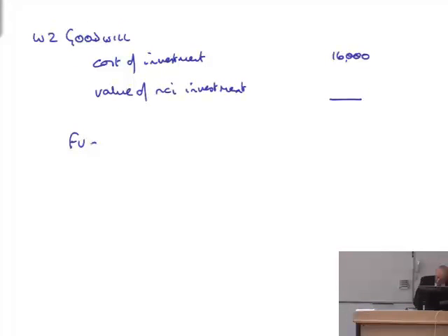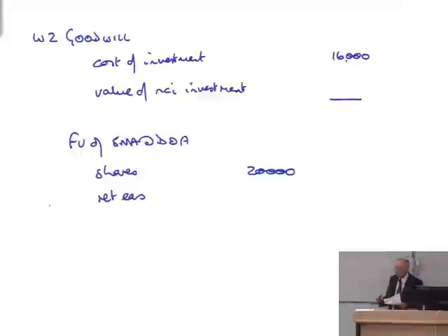The fair value of the subsidiary net assets at date of acquisition are shares, 20,000. In an exam question, there will be retained earnings. There may very well also be share premium.